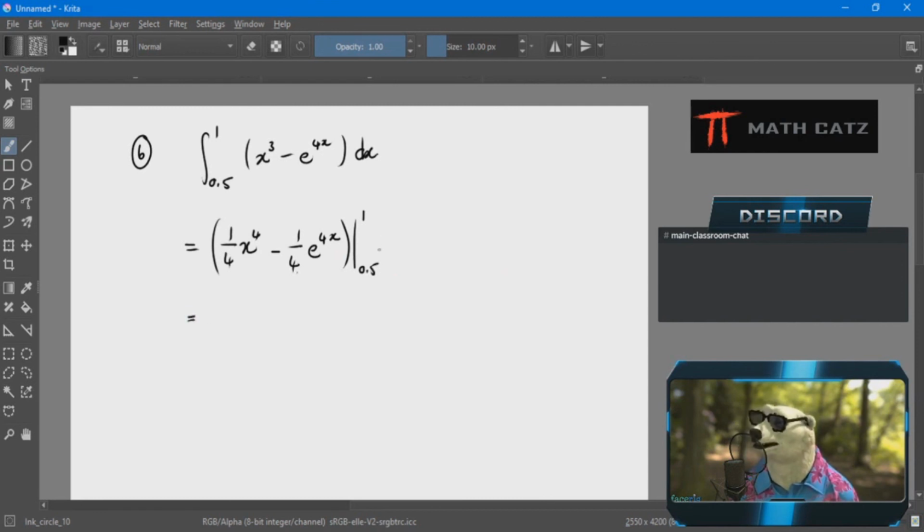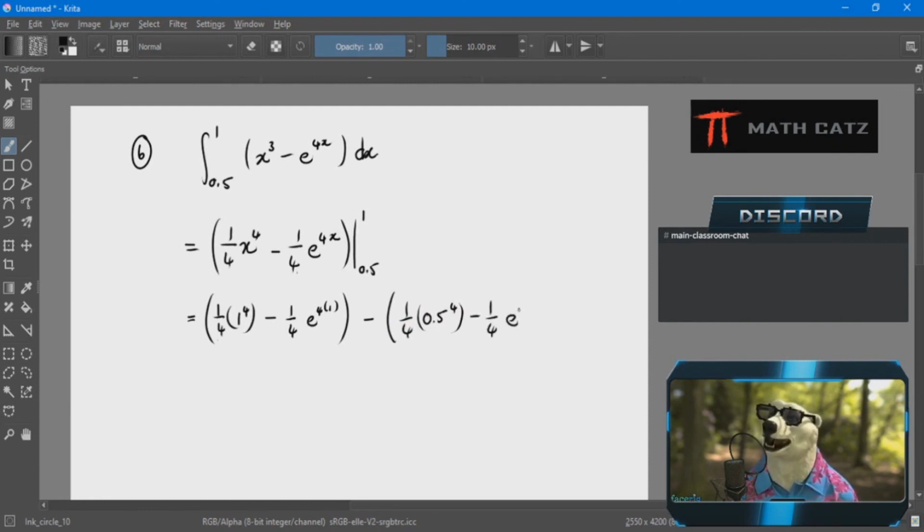So now I have to plug this in. So again, I'll write it out to emphasize what we are doing. But of course, because it's a 1, it is certainly a little bit easier than usual. Plug in the top boundary value minus the answer I get when I plug in the bottom boundary value.